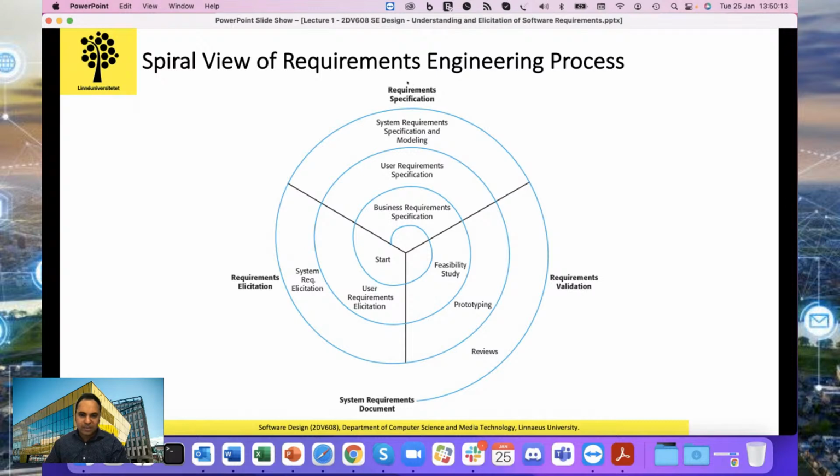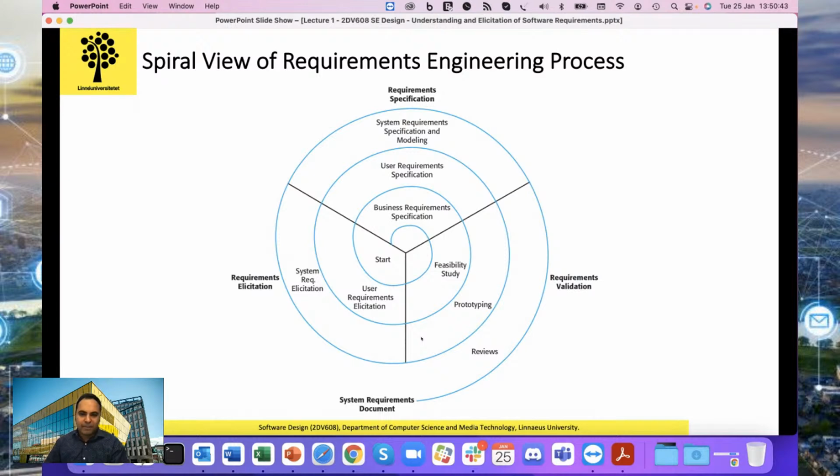One is the requirements specification, another one is the requirements validation, and also the requirements elicitation. Actually, we start with the requirements elicitation, and then we go for the specification, and then we go for the validation. And the outcome of the requirements engineering process, as you can see, is a requirements document or system requirements document.